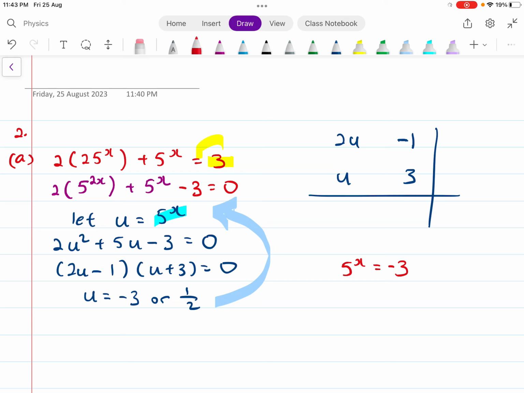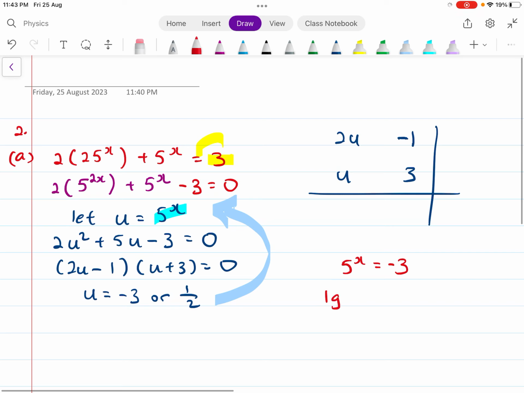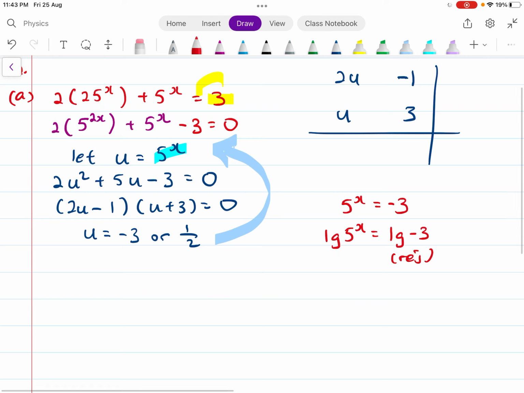I need to log both sides, or ln both sides, up to you. For me, I log both sides. So log 5 to the power of x equal to log negative 3, which we cannot log a negative. So this is rejected. So what is left is actually your half, so u equal to half, and half is equal to 5 to the power of x.